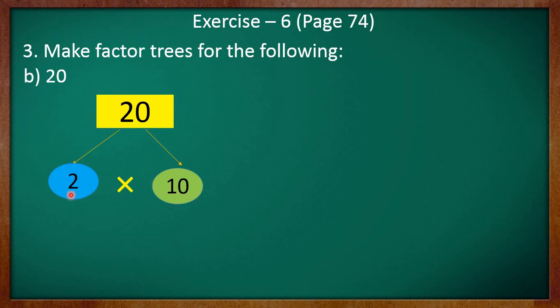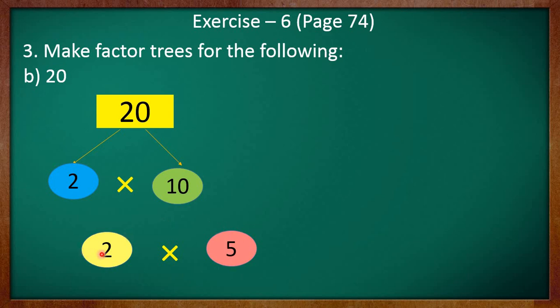Now kids, the factors of 2 are 1 and 2. And we know that we do not write 1 and number itself as the factors of the number as the branches of the factor tree. So we will not extend the branches from this side. Now if you look at 10, it again ends with 0. That means it's an even number and it will be divisible by 2. So on division by 2, we will get the divisor as 2 and the quotient as 5.